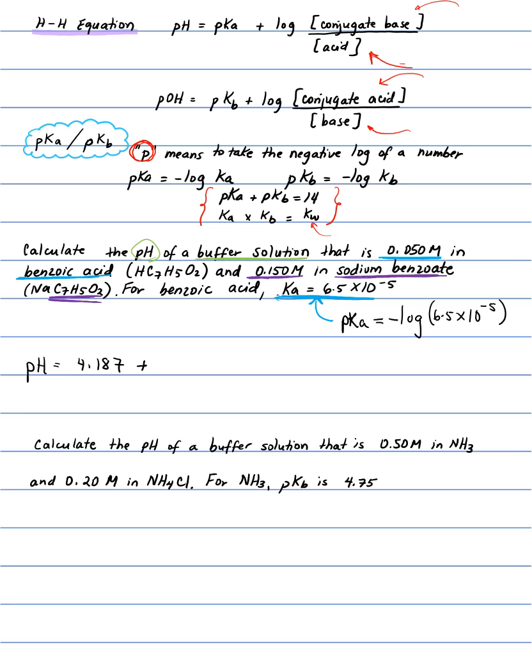And that will be plus the log of the concentration of the conjugate base, and that's 0.150, over the concentration of the acid, which is your benzoic acid, and that's 0.050. And I have 4.66.